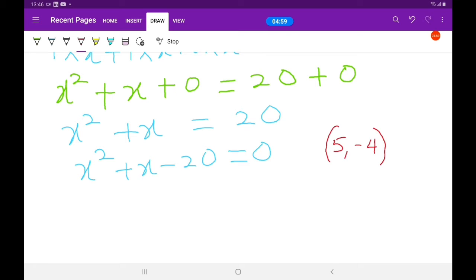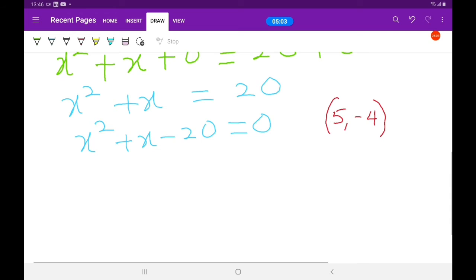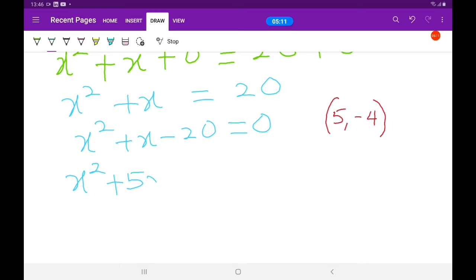And 5 minus 4 will give us 1. So we go in with the two factors. Therefore, we have x squared plus 5x minus 4x minus 20 equals 0.